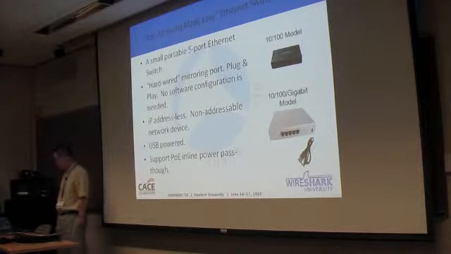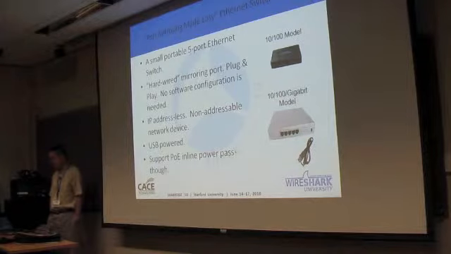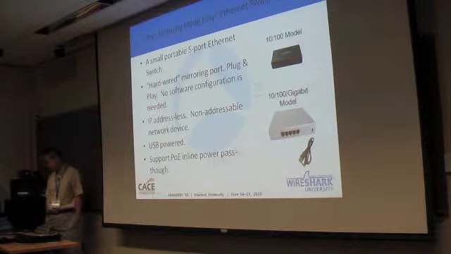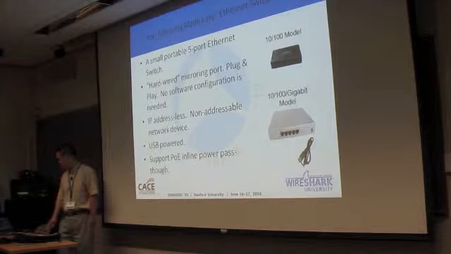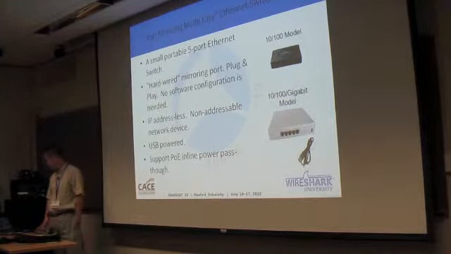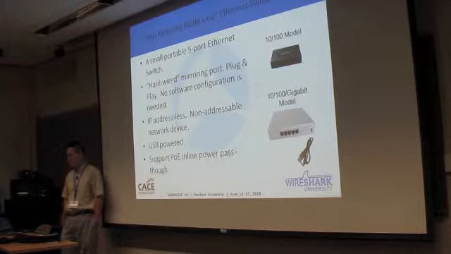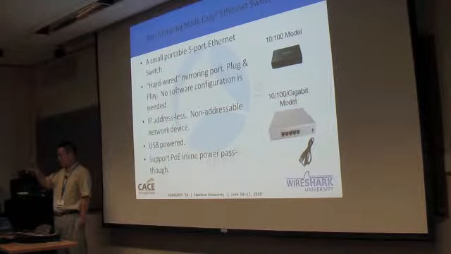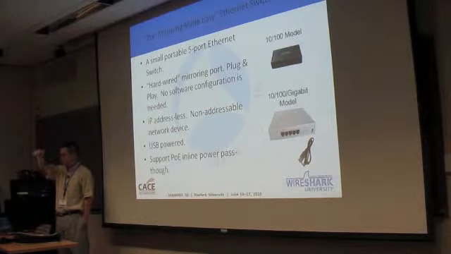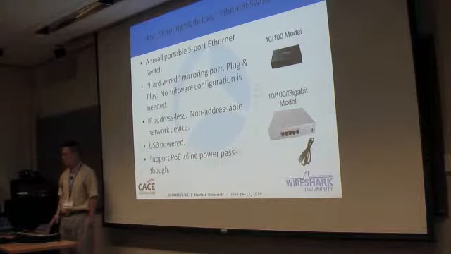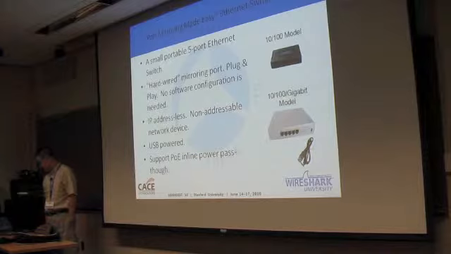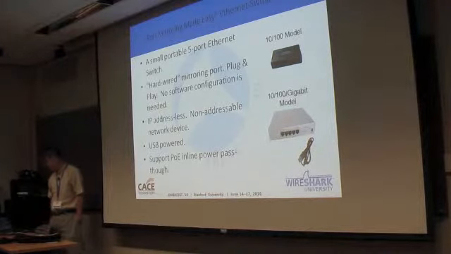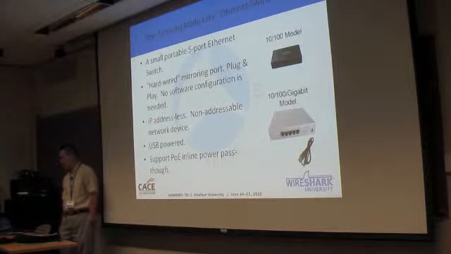There's no IP address, and this device is not network addressable. The switch is also USB powered, and also supports what I call PoE pass-through, which can pass the PoE power from the uplink port to one of the downlink ports. So this is the solution for the SPAN out of the box.